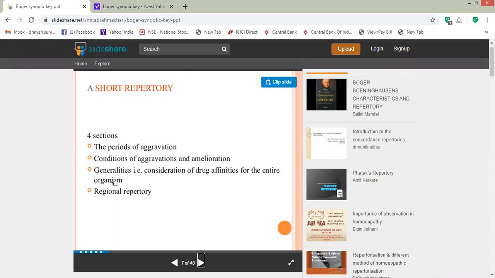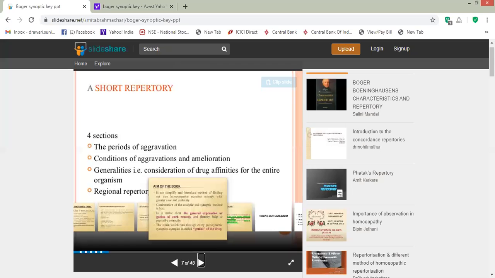It is a short repertory having four sections. The first is period of aggravation, then conditions of aggravation and amelioration, then generalities, that is consideration of drug affinities for the entire organism, and then regional repertory.